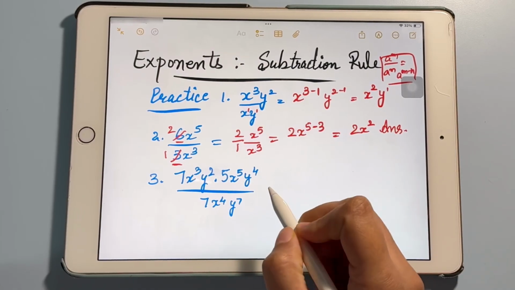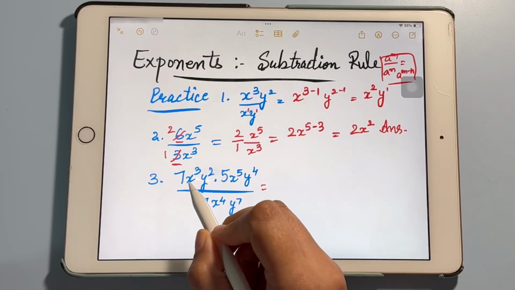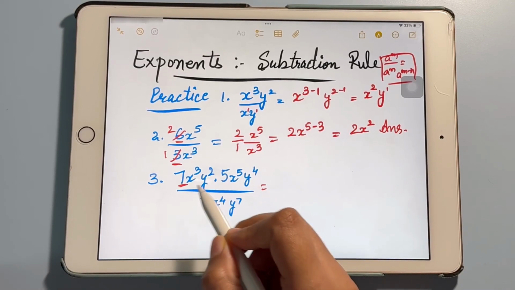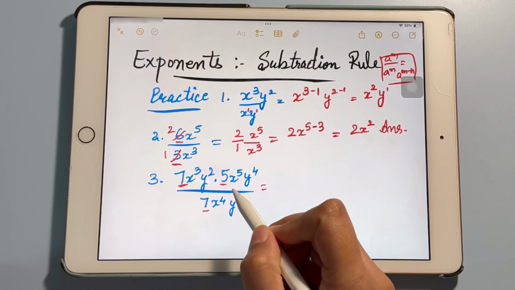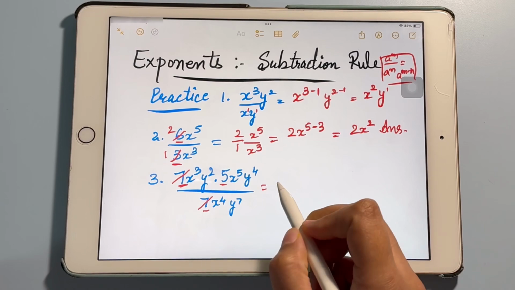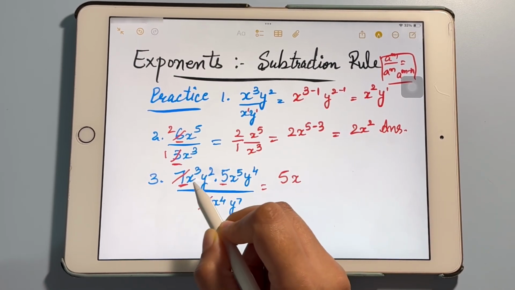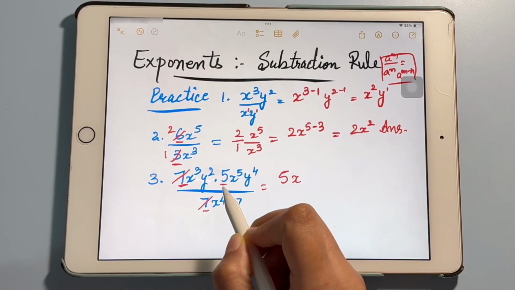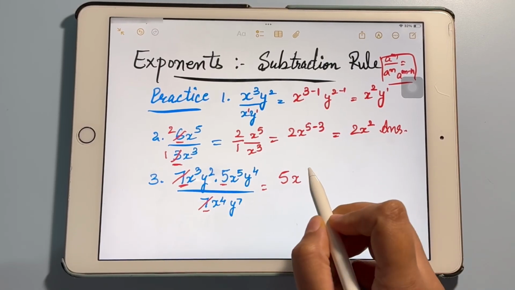Moving on to our next example, that is the third one, in which we have 3 constants and 2 variables. So first let's solve the constant terms. 7 ones 7, so we are left with only 5. And then x raised to power: those terms that are multiplied will be added, and those which are divided will be subtracted.